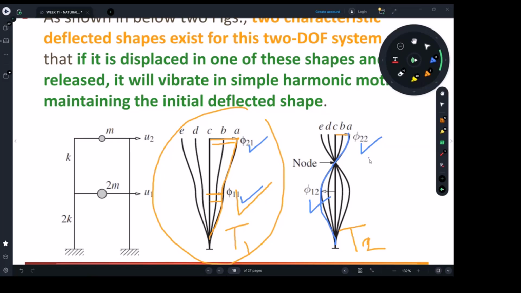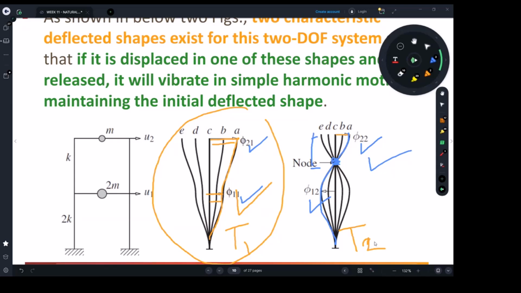Same thing applies here. If you pre-deformed your shape to this profile, well, the node means there is zero displacement at this point, right? At this height, again, it depends on the height, which can all be estimated by math.